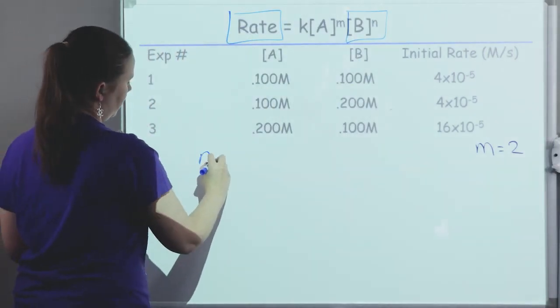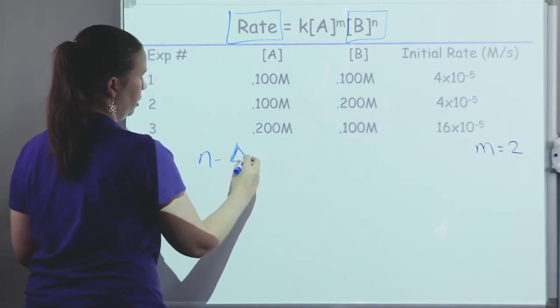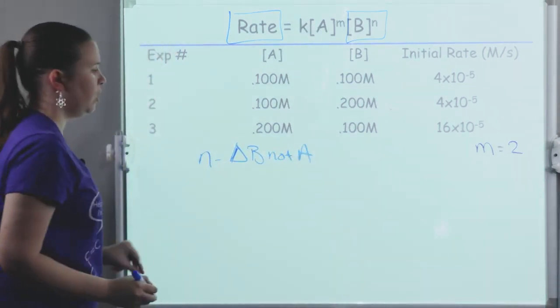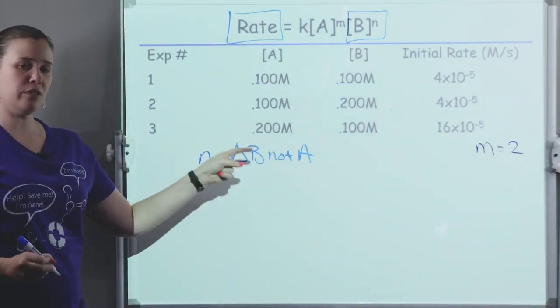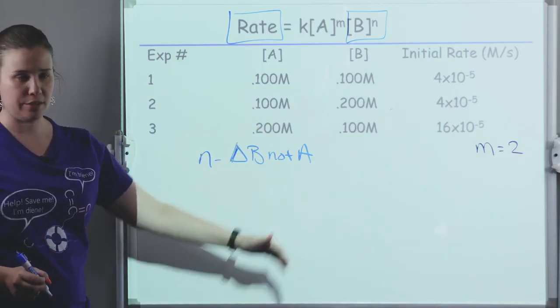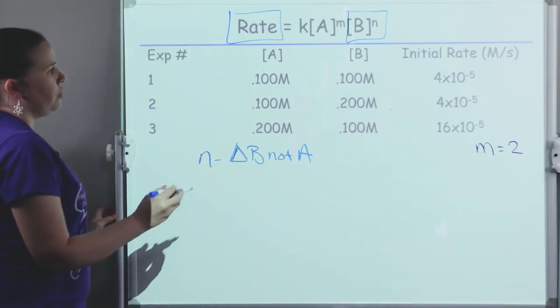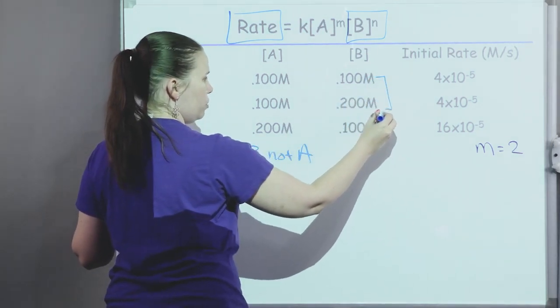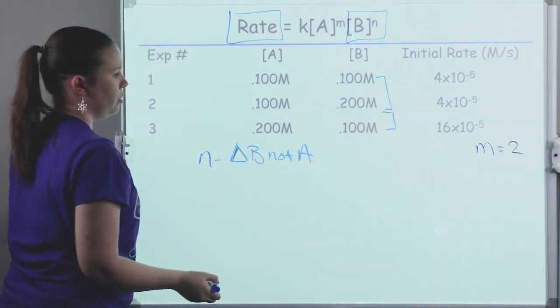So if I want to find N, I want to find where there's a change in B, but not A. I want to know that the change in B's concentration is causing the effect on the rate, meaning I need to control A's concentration. So if I look at where B's concentration changes, it does change between 1 and 2, and 2 versus 3.